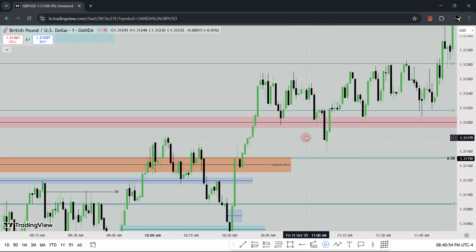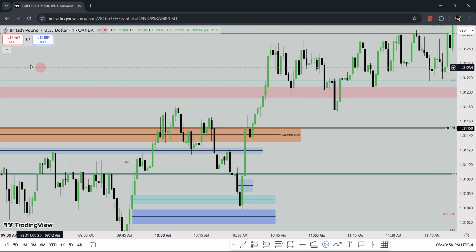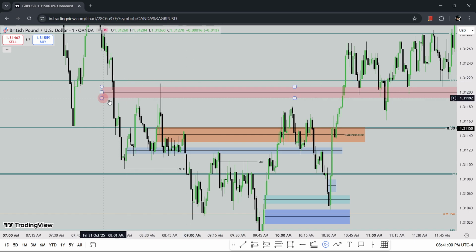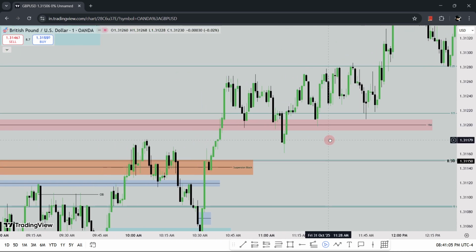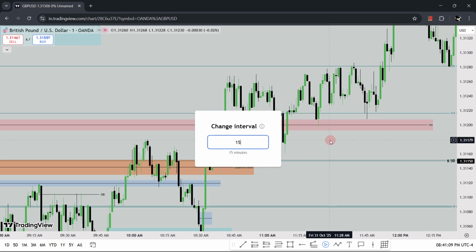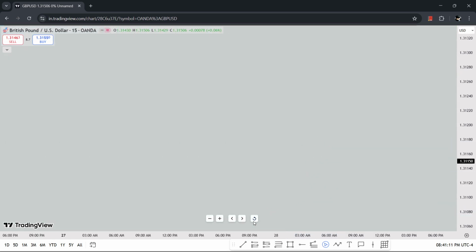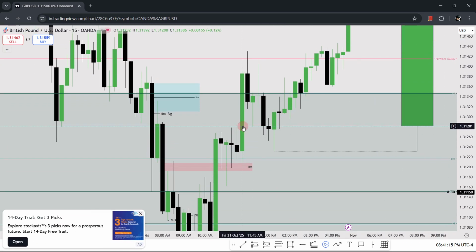Price went all the way, taking out all the buy sides here, that's really fine. Now again, if you go to the 15-minute chart, you can see this fair value gap at 0.25 level, right?